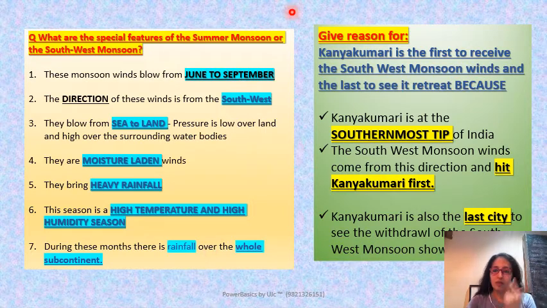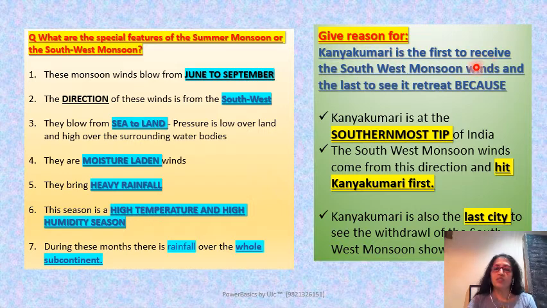Which state first receives the southwest monsoon winds? Kerala. Which place? Kanyakumari. Meghalaya, Mawsynram, Cherrapunji, highest rainfall. Where does the southwest monsoon first hit? Kerala. And where in Kerala? Kanyakumari, the southernmost tip of India.